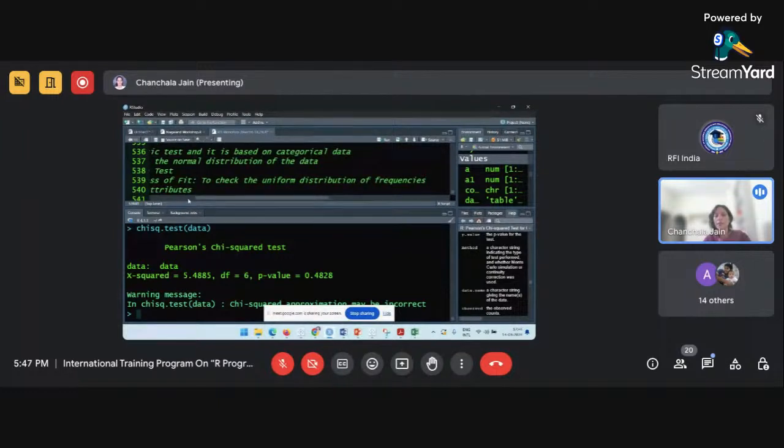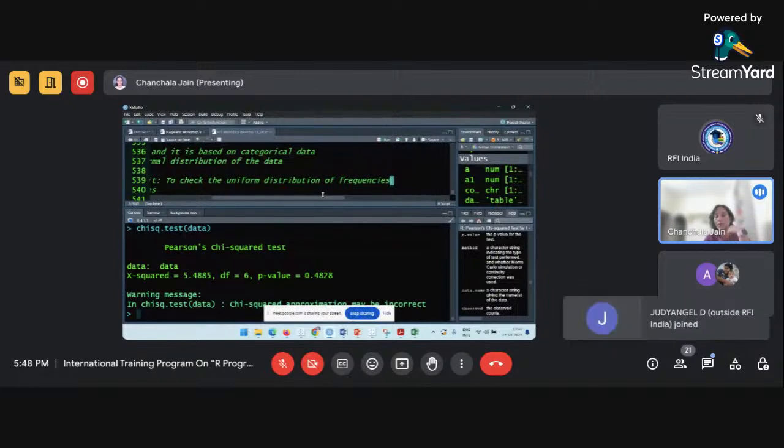So when we talk about the goodness of fit, as I said, this test is used to check the uniform distribution of the frequencies. Whatever categorical variable you have, you need to check whether the frequencies are equally distributed along all the categories or not.